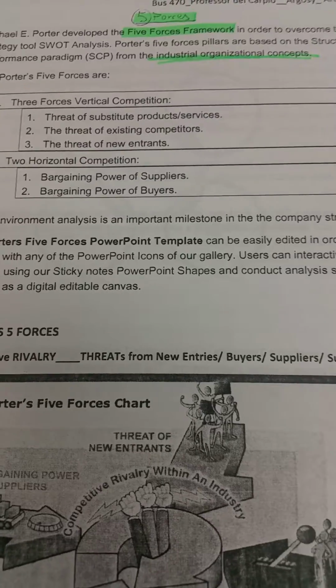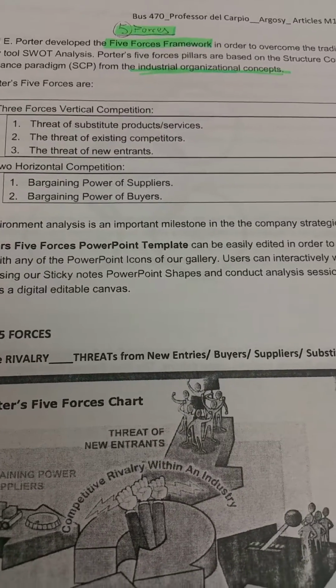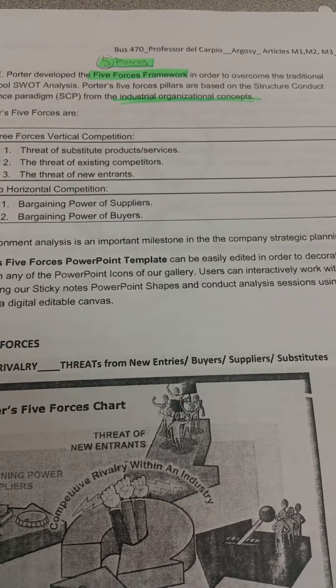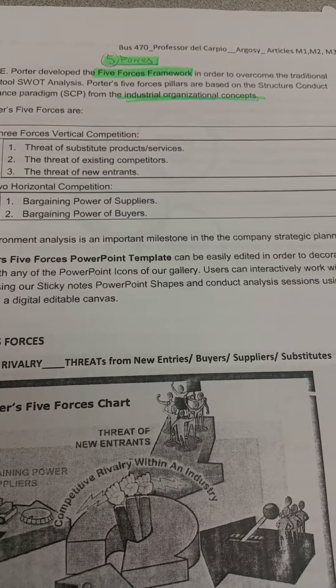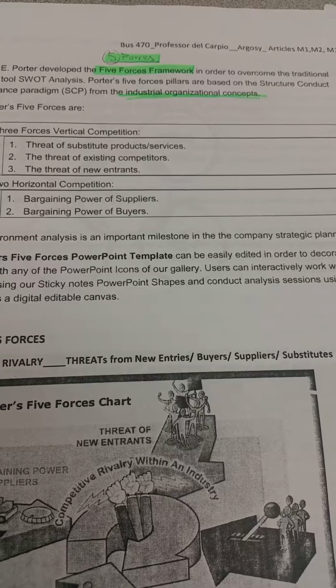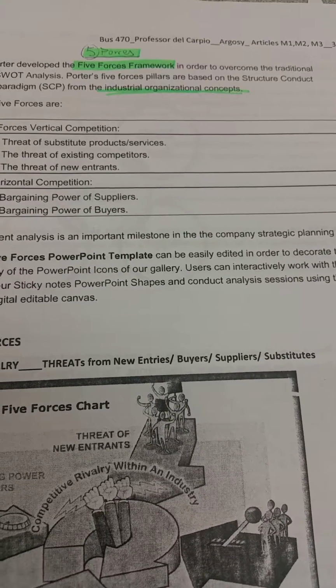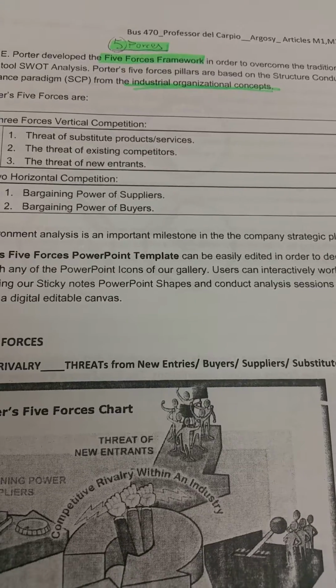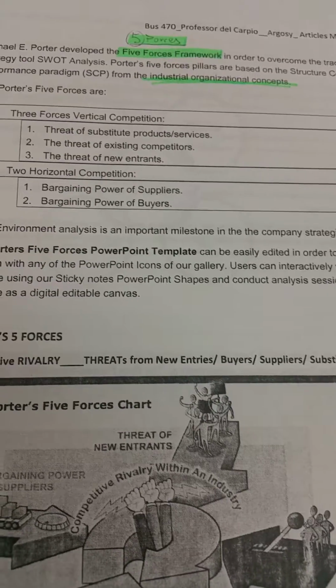So the more of those options available could be difficult for a company to make profit because there's more categories to compete in, I guess. Something like that. I don't know.